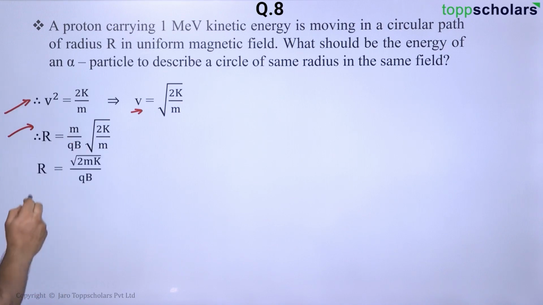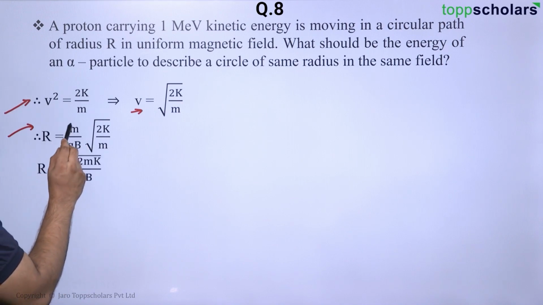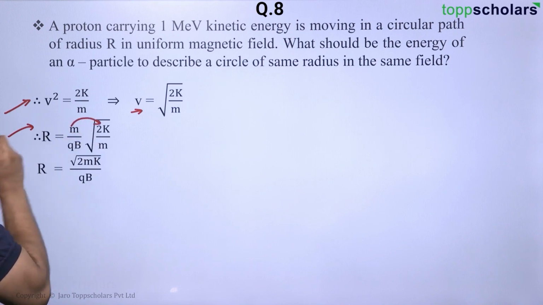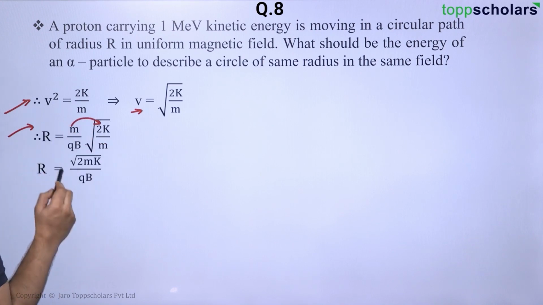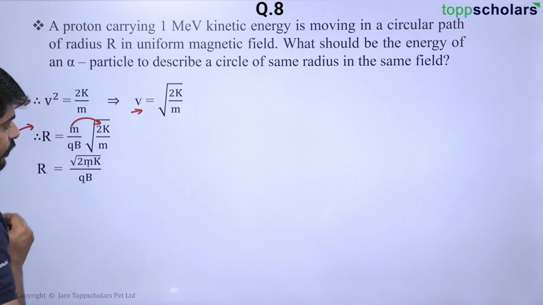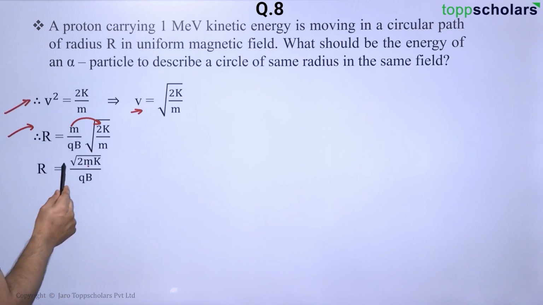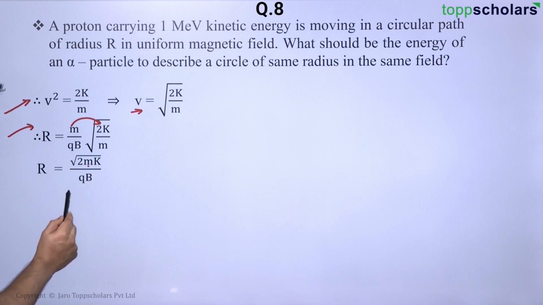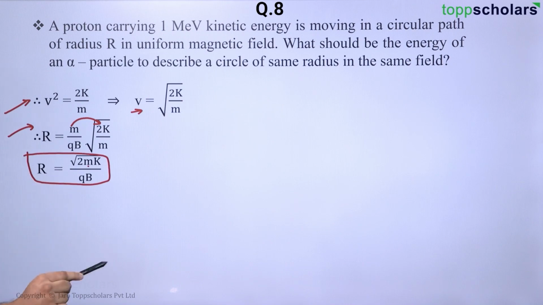We have taken this m into the root, so we have to make it squared, and therefore this m and this m will cancel and only one m will remain, so under root 2mK upon qB is going to be the radius. Now we can arrange this by squaring the whole equation.